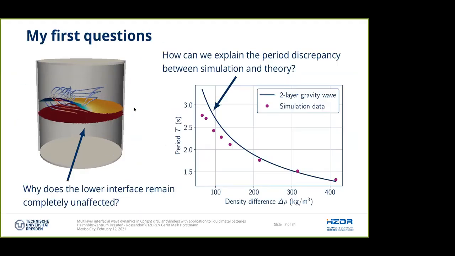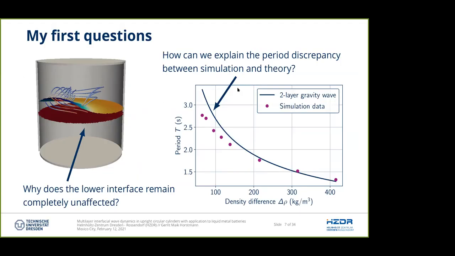So I was wondering about one particular thing when I started. My first question was, why does the lower interface remain completely unaffected despite the fact that the upper interface is in strong motion? That was a bit counterintuitive for me.